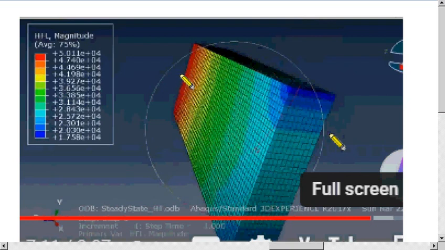This corner is the coolest, so we can draw the temperatures roughly like this.